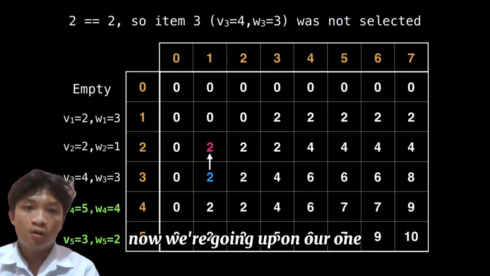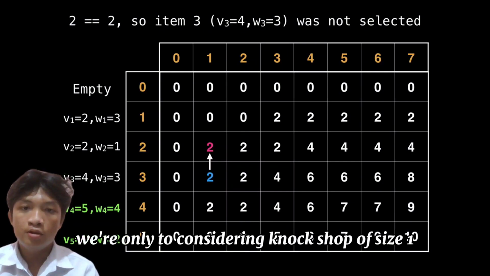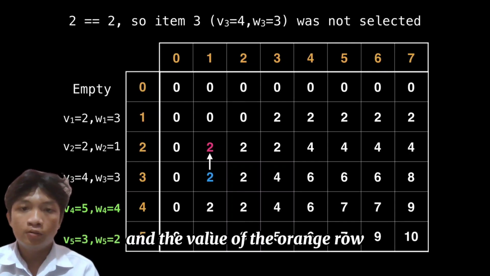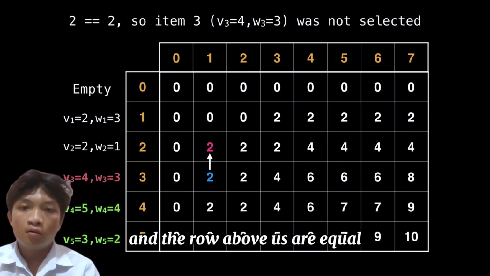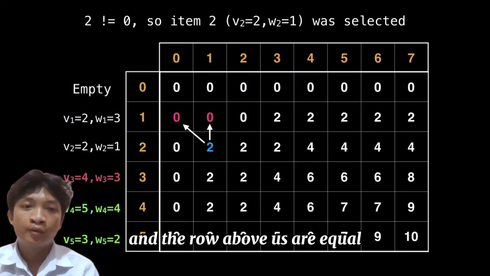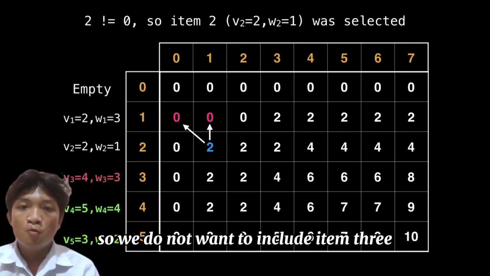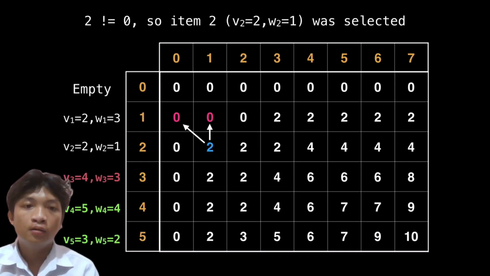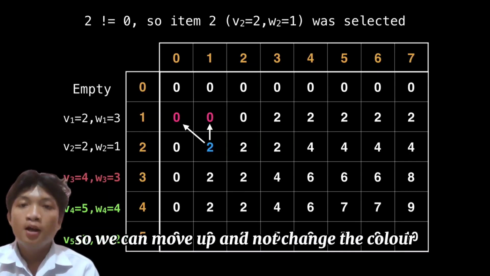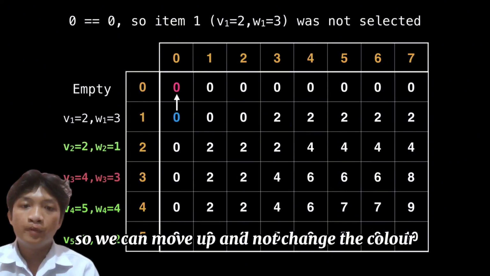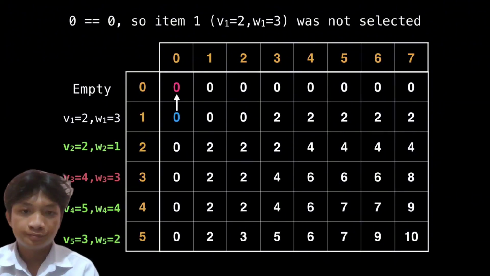Now we're at column 1, so we're only considering a knapsack of size 1, and the value of the current row and the row above us are equal, so we do not want to include item 3. So we can move up and not change the column.